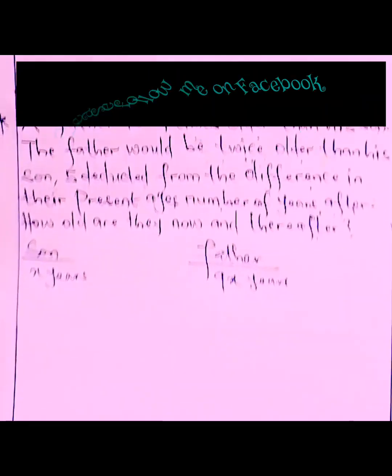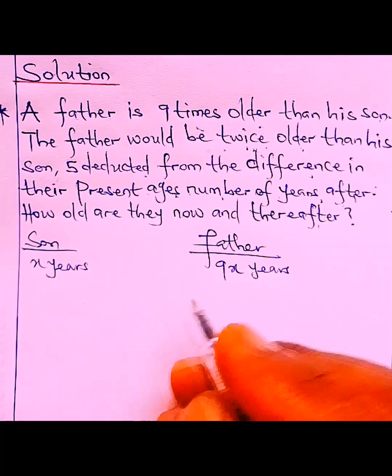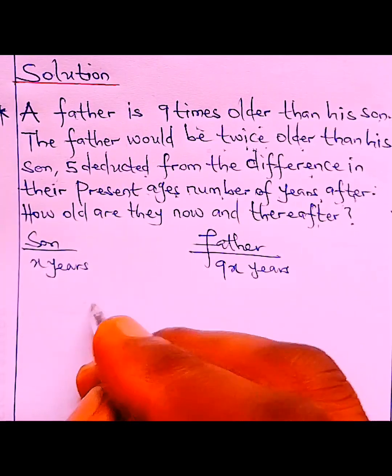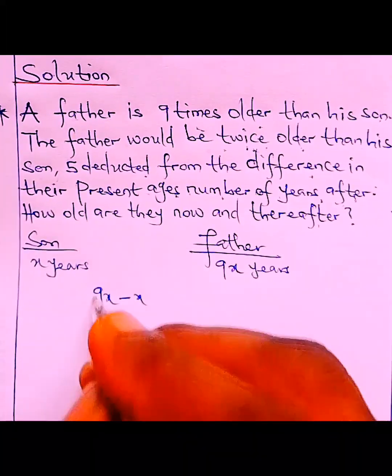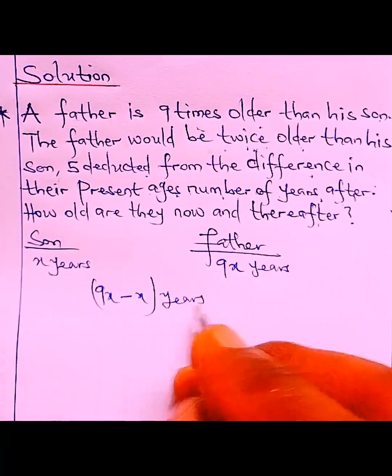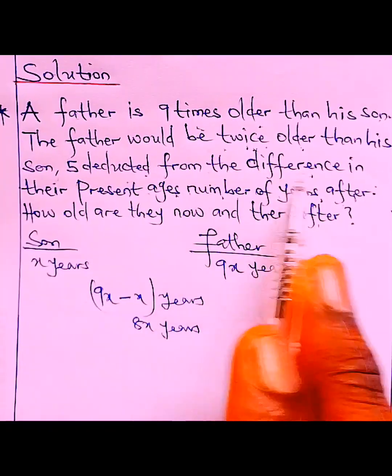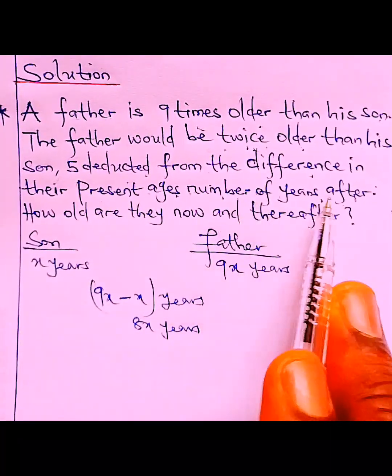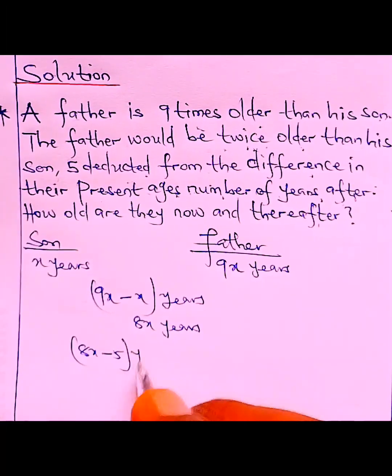The difference in their present ages, and don't forget that difference simply means subtraction, a bigger figure minus a smaller figure. So 9x minus x, which is 8x. So 5 deducted from the difference in their present ages will be 8x minus 5 years after.